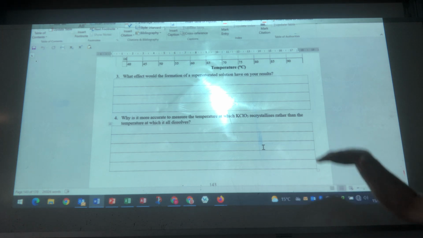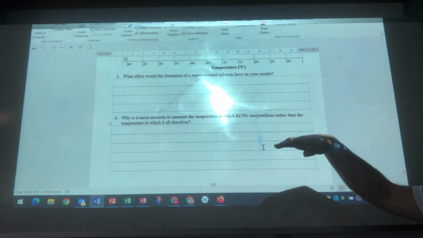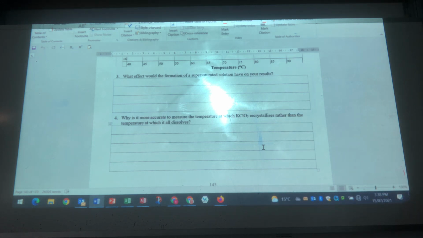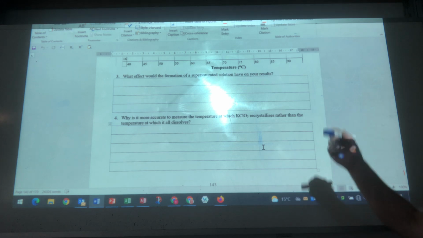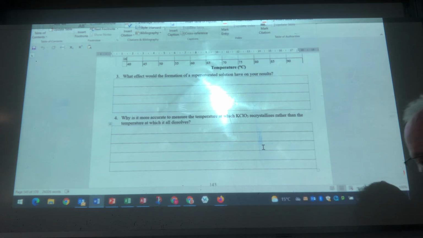So what will happen is it will just keep on cooling down, below that point at which it's a saturated solution, to the point where more than enough of the potassium chlorate is dissolved. So that means you'll keep on lowering the temperature before crystallisation occurs. Obviously, the temperature will be much lower in that case.